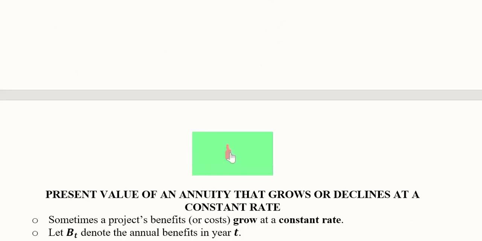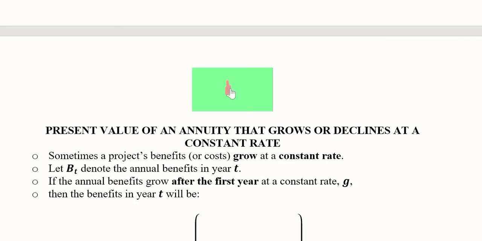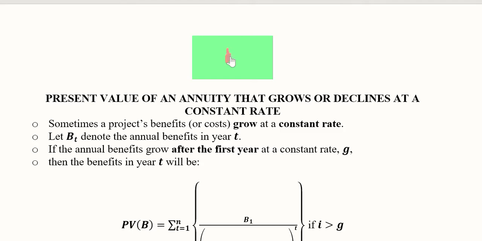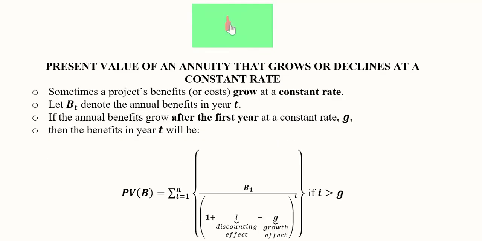Now we consider another situation where there is a growth or decline in the benefits or the costs, and that growth happens at a constant rate. So let's begin with this description that the project benefits or the costs grow at a constant rate.